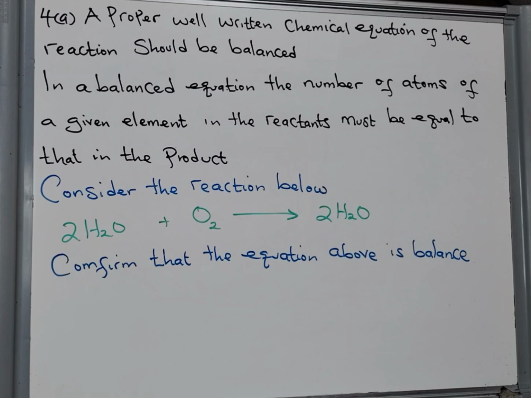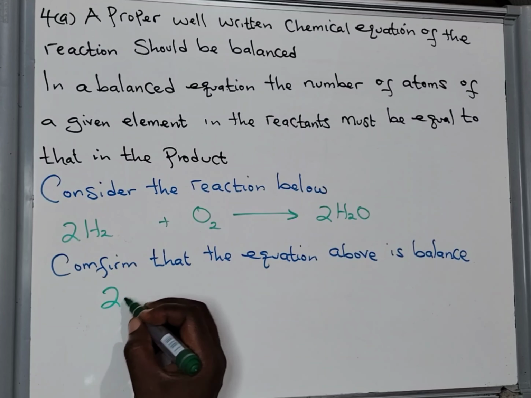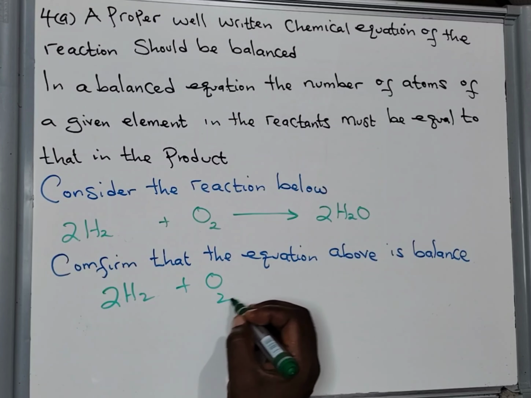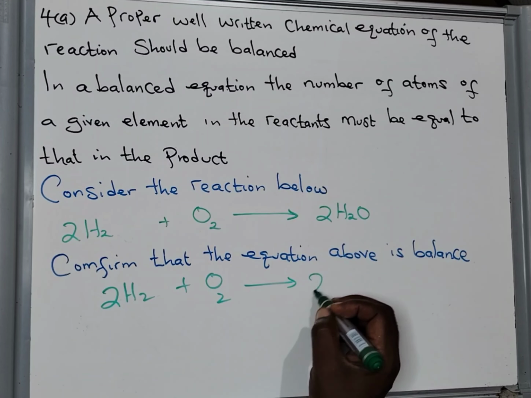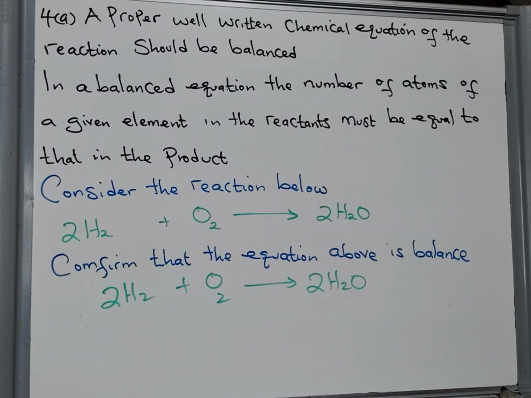How do we do that? So, how do you deal with this? Okay, what do we do? Let us have the equation. We have 2 hydrogen plus oxygen giving you 2 water. And what are we doing here? We are proving that the equation is balanced.